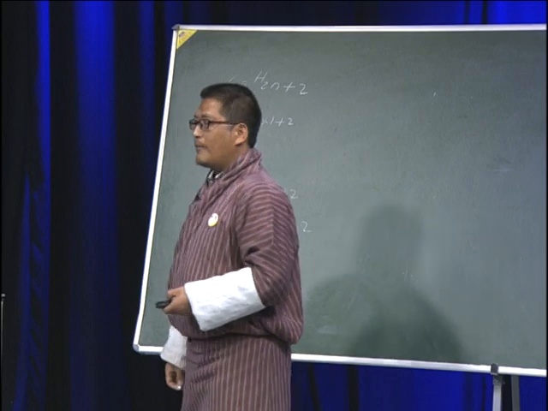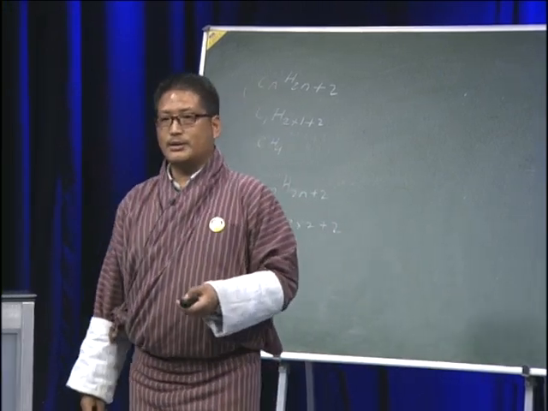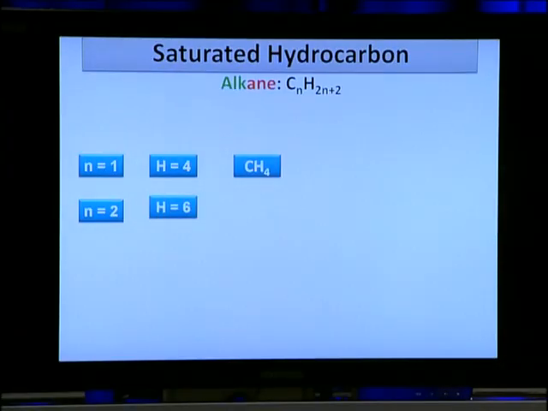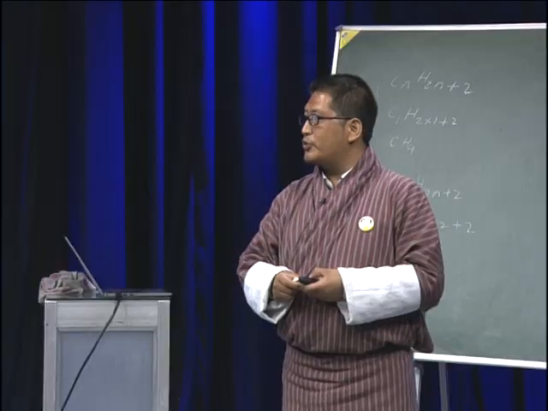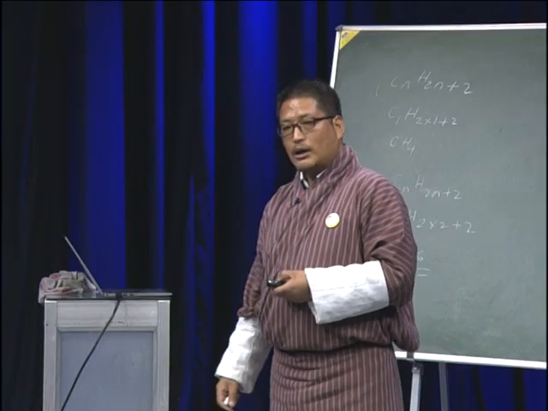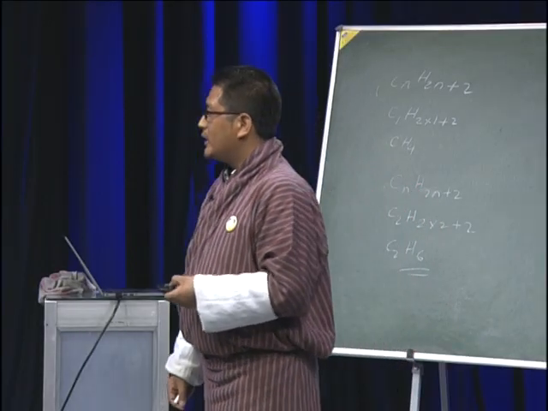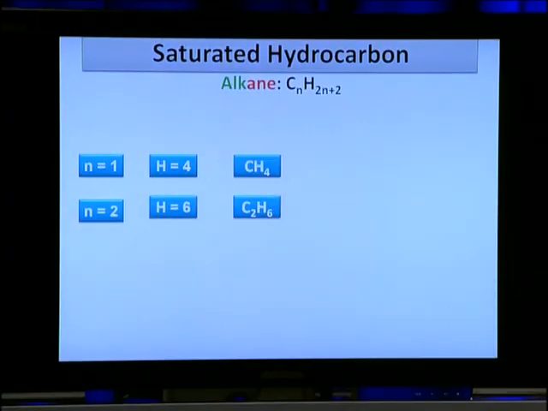So therefore, the value of H here is 6. Remember, we are here dealing with the hydrocarbon, the organic compound composed of just carbon and hydrogen. Therefore, the formula of this compound will be with hydrogen 6 and number of carbon atoms 2. Combining the two together, we get the formula of the next member of alkane, C2H6.